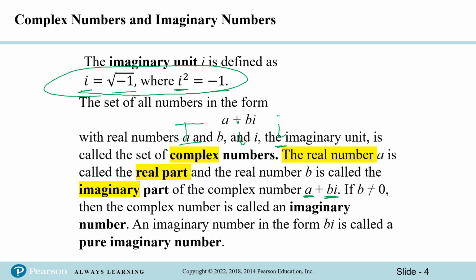If it doesn't have a real part, let's say, for example, you have something like 12i, well, plus 0 to be technical, we call it pure imaginary.